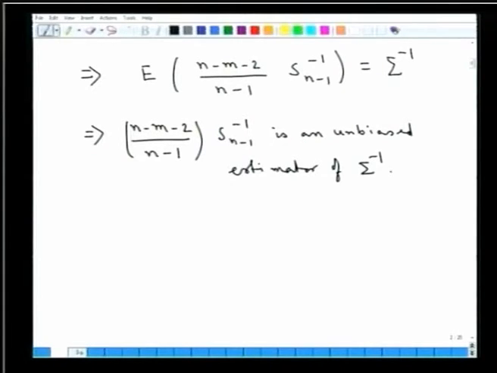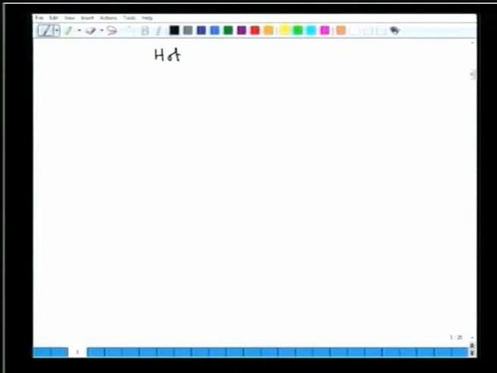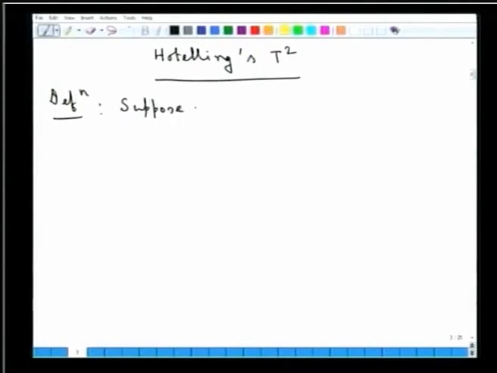Now, we move on to Hotelling's T-square distribution, which is the multivariate generalization of the Student's t distribution for the univariate setup. Let me first give the definition of what a Hotelling's T-square distribution is. Suppose S follows a Wishart distribution, Wishart m n sigma. This S is a random matrix of order m by m.